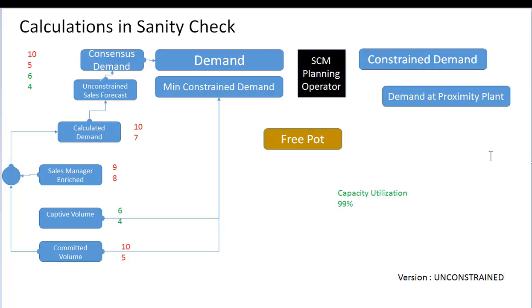Then this situation is a special one, should be used only when the planner has a specific concern that the capacity will not be enough to satisfy captive, committed, and targets. Otherwise, it should not be used.